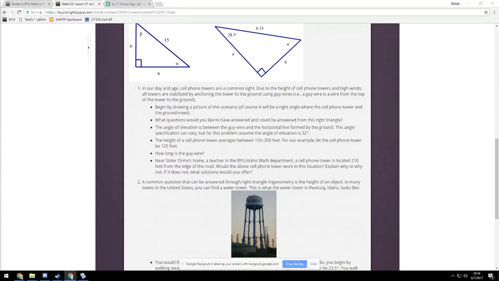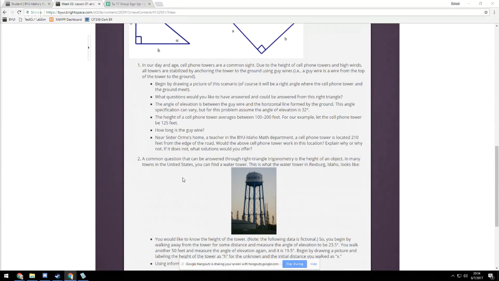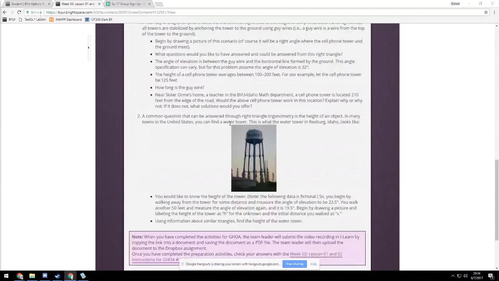So it's 125 divided by sine 32, plug that into the calculator, and approximately 236 feet, or 235.9 feet for our guide wire. So again, that one I struggled with, which is also why I struggled explaining it.